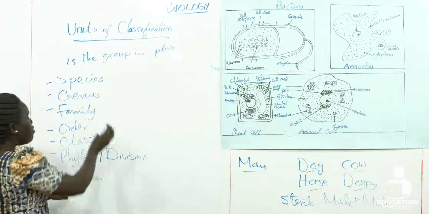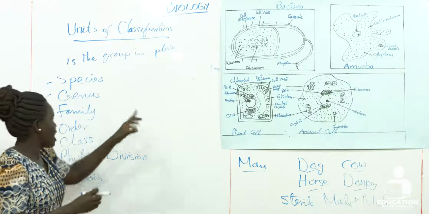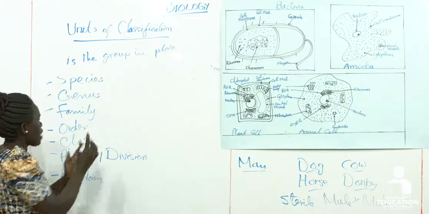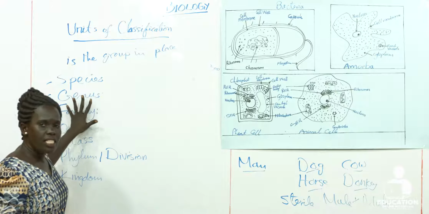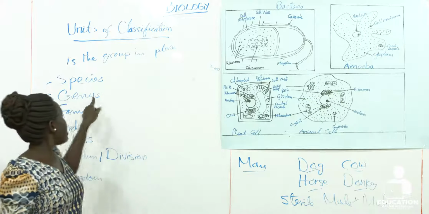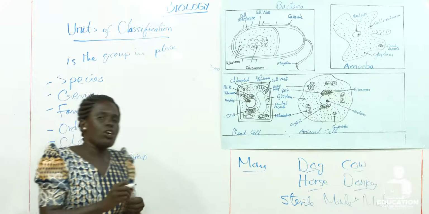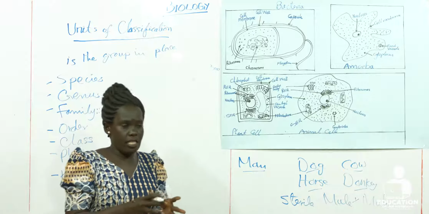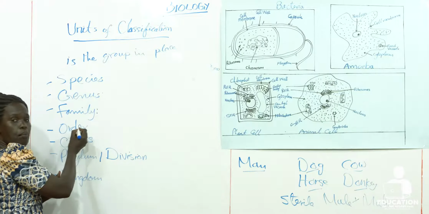Then a group of closely related genus are grouped and put under family. So family is defined as a collection of genus, a group of genus or genera that share common characteristics. Then a group of families will make up order.